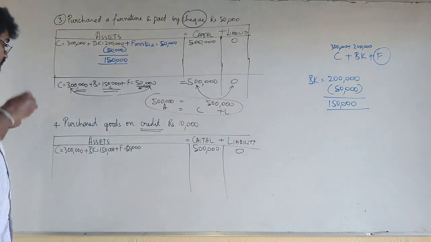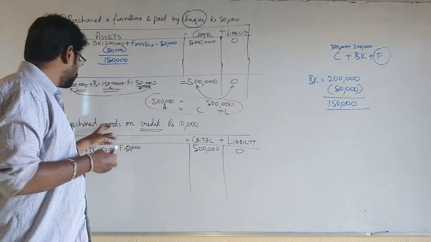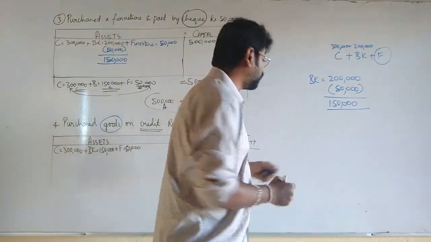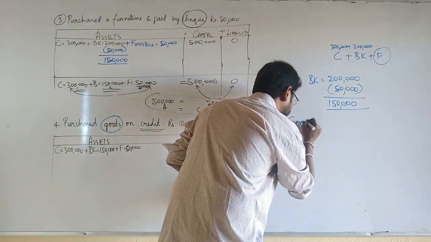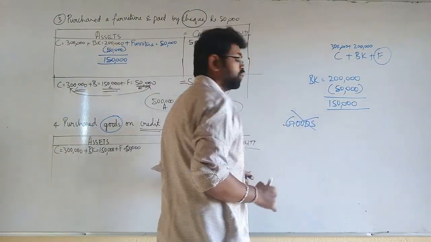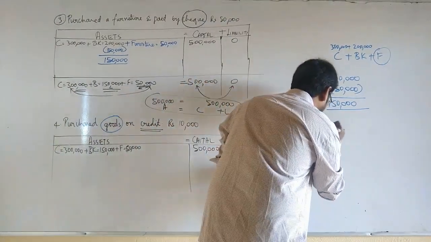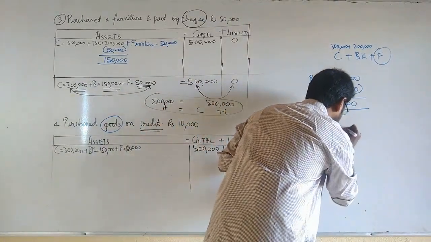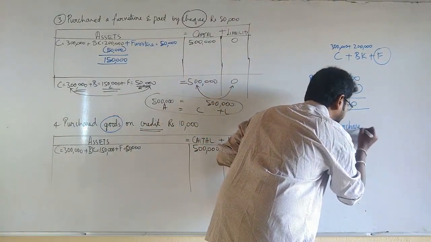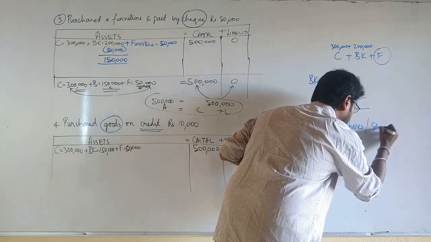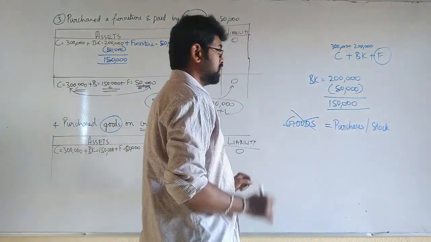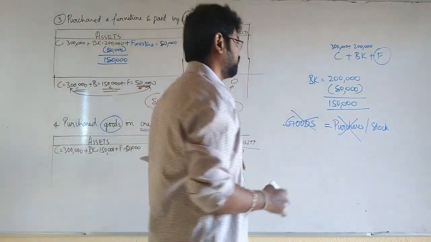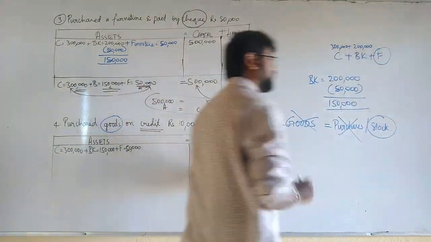Okay, now what is happening? We are purchasing something. What is that something? Goods. And I also told you in the beginning, the word goods should not be used here. In place of goods, you can use only two other words. One is purchases or stock. Now in this question, we will also not use the word purchases. Purchases we will use at another time. Now we have to use only the word stock.